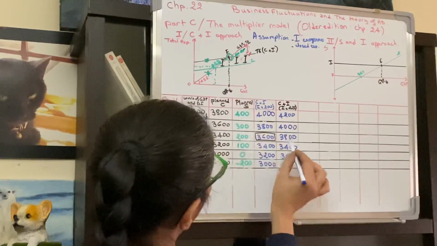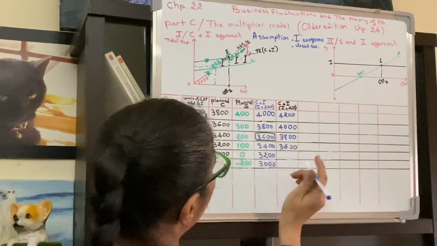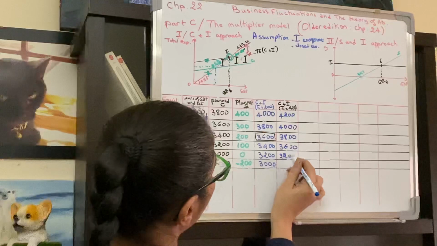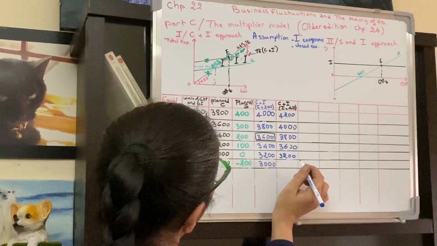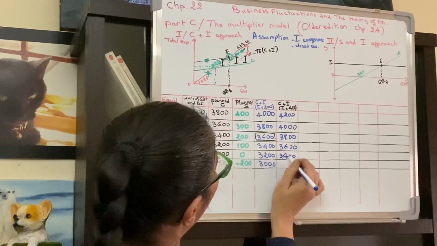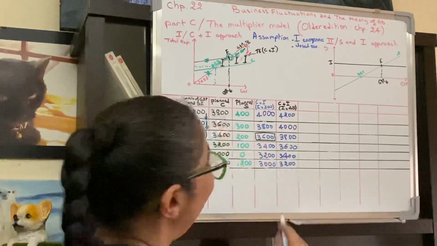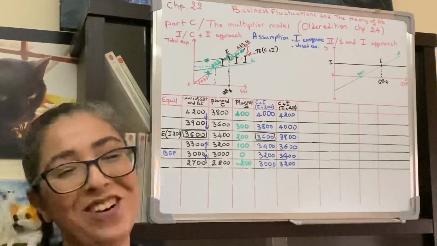Okay, plus 4, plus 4, plus 4, that's 3, 6. Okay, that's 3, 2. 3, 4. What am I doing? 3, 4, and then 3, 2. Okay, now it's correct. I'm so sorry.